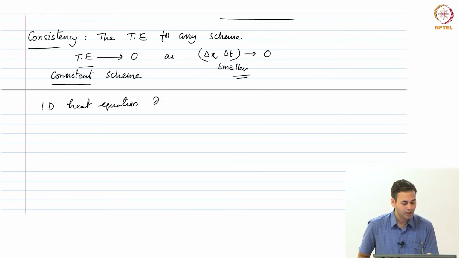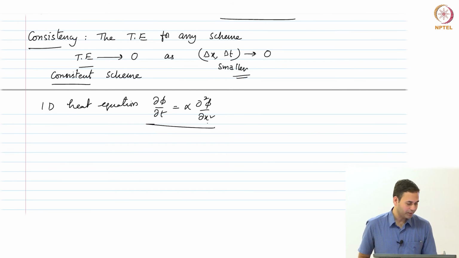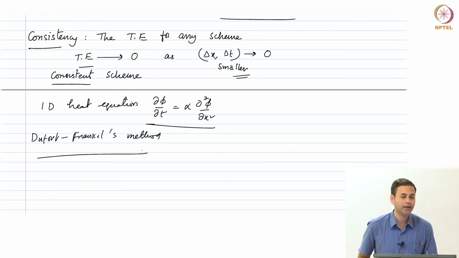So, essentially I have dou phi by dou t equals alpha dou square phi by dou x square, okay. If I use a particular method which is known as Dufort-Frankel's method, it has its own way of discretization. Okay, this is a particular discretization which is called the Dufort-Frankel method.